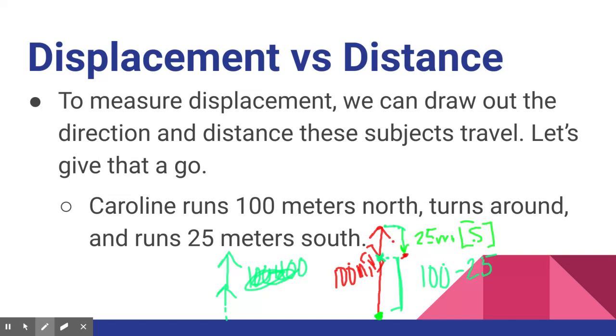In this case, she ran straight north for 100 meters, turned around, and then went south for 25 meters. So it's 100 minus 25, which means her displacement is only 75 meters, and specifically 75 meters to the north, because she's still north of her beginning position.